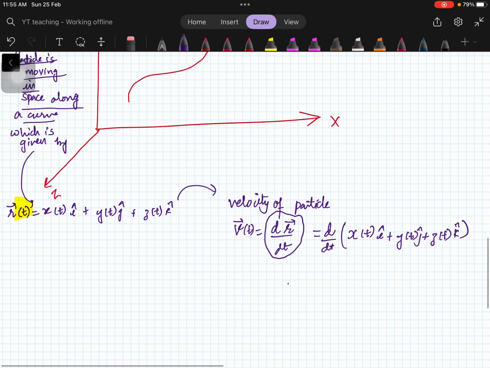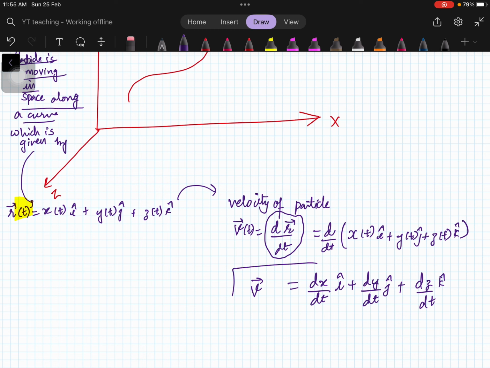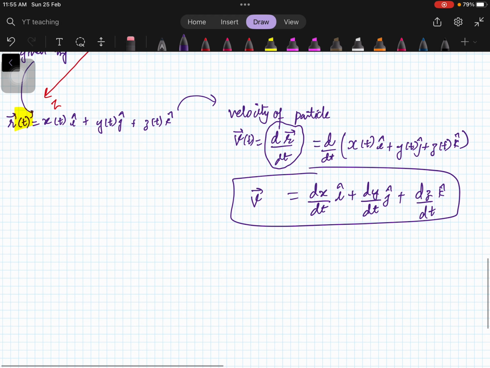So that's going to be rate of change of x with respect to time i cap plus rate of change of y with respect to time j cap plus rate of change of z with respect to time k cap. So this is an interesting thing, that if we know the position vector of a particle which is moving along a curve in space, then we can for sure find the velocity vector for that particular particle.